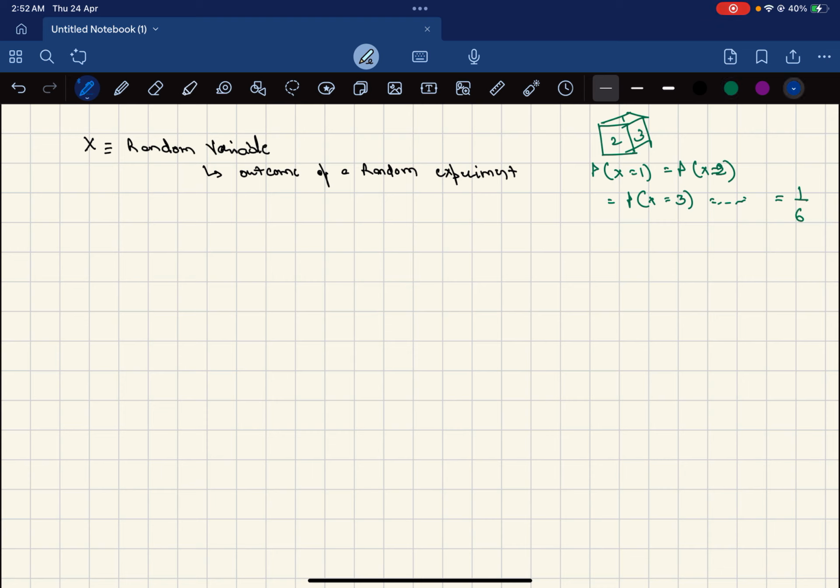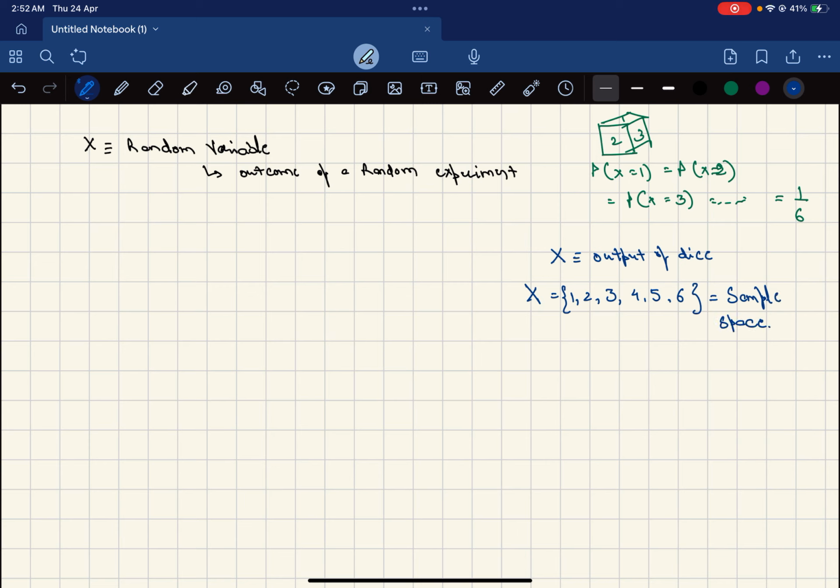So in this case, X represents the output of the dice, and the values of X could be 1, 2, 3, 4, 5 or 6. If you remember, this is also called the sample space of the random experiment.